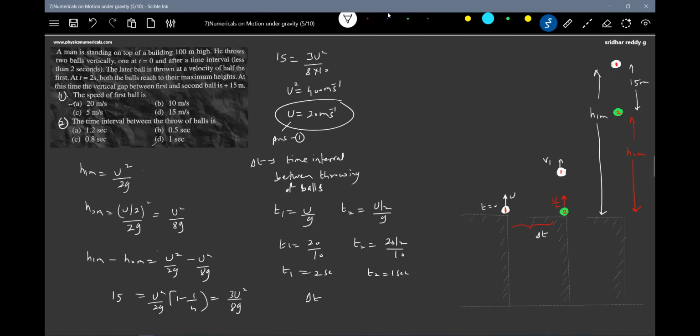So what is delta T? Delta T will be after a certain time, the other ball is thrown. So delta T should be equal to T1 minus T2. So this is the time interval. So this is our answer for the second one.